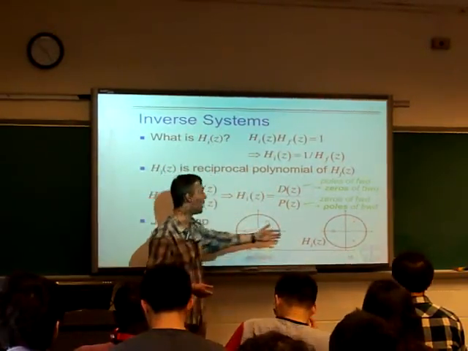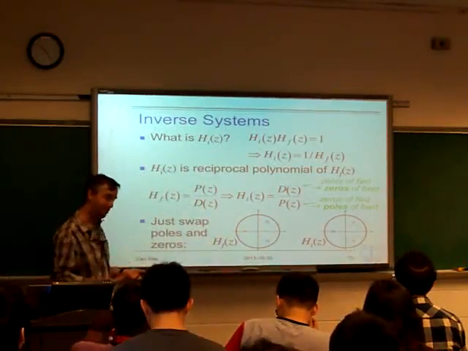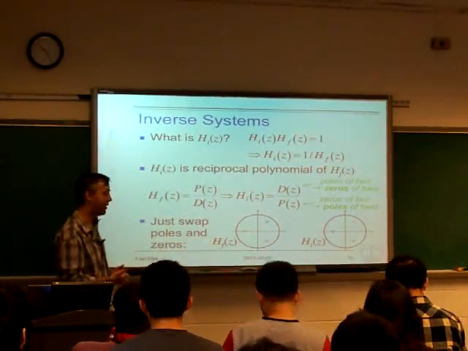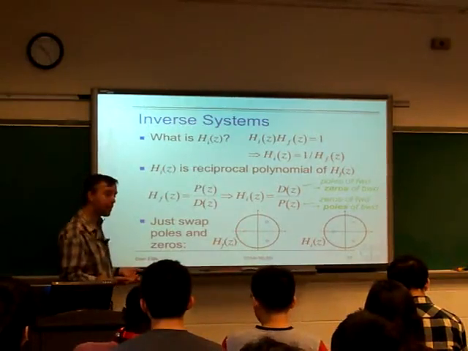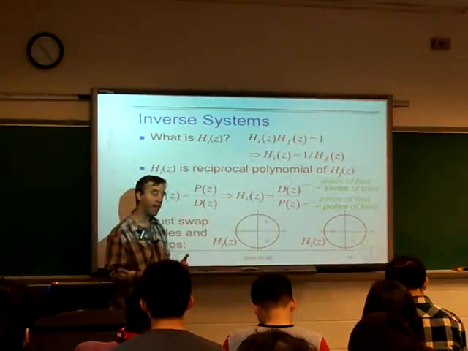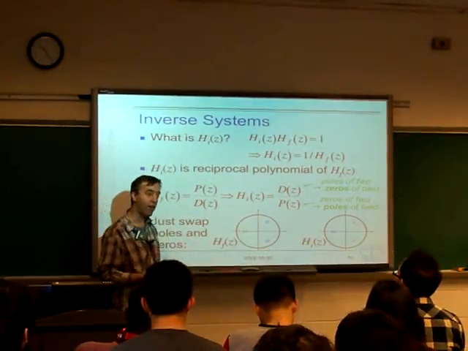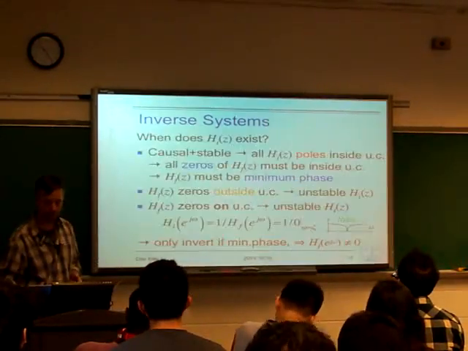And so the combined effect of applying both these systems is complete cancellation and a net effect of nothing, an unmodified signal, which is how we designed this. So that's pretty straightforward. Once we've got a system defined by its z-transform system function, it's very obvious how to generate the inverse.